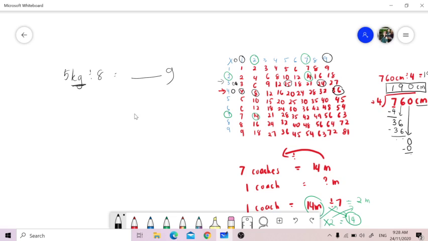Okay, so 5 kilo ni susah kita nak bahagi dengan 8. So kita kena convert kepada gram dululah. 5 kilogram convert to gram, kita kena times with 1000. Okay? So kita dapat 5000 gram. Okay, so the 5000 gram yang ni barulah kita divide with 8.